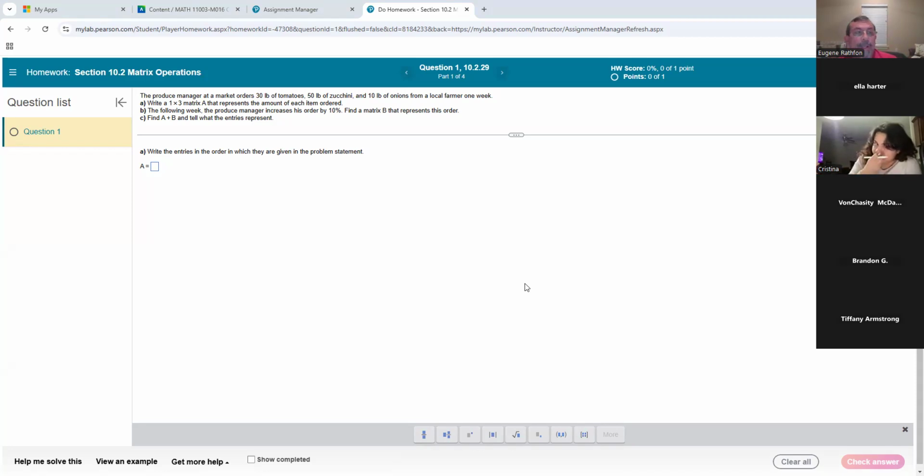Now, this is done in 1 week. So, what they want me to do is write a 1 by 3 matrix that represents the amount of each item. Now, remember, the 1 by 3 means how many rows by columns we got. So, they want me to do one row with 3 columns.